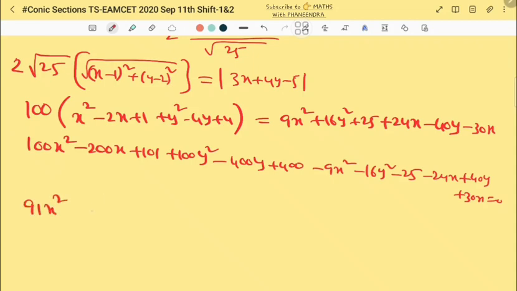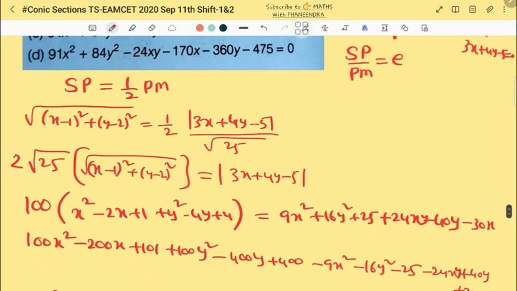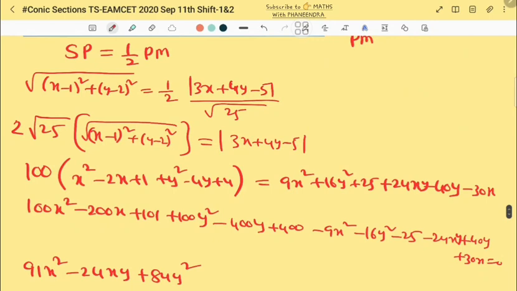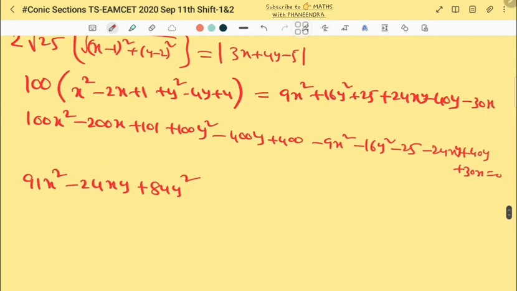Next the xy term: minus 24xy. Next the y square term: 100y square minus 16y square, so 84y square. Next the x terms: minus 200x plus 30x, so minus 170x. Minus 400y plus 40y, so minus 360y.